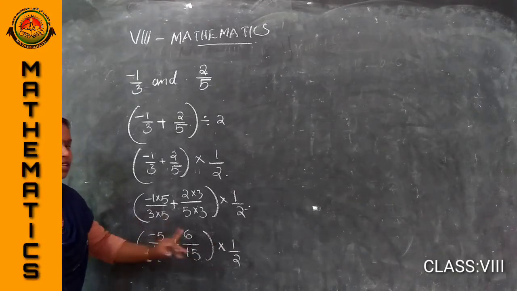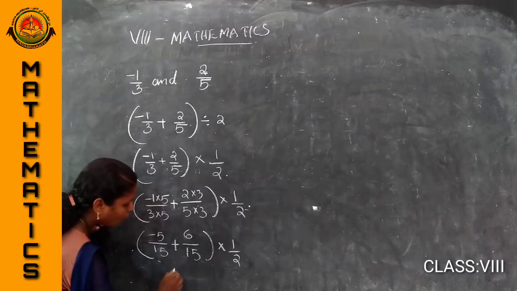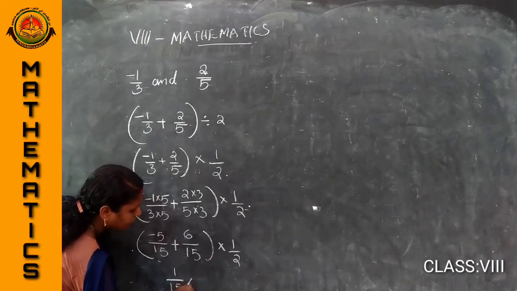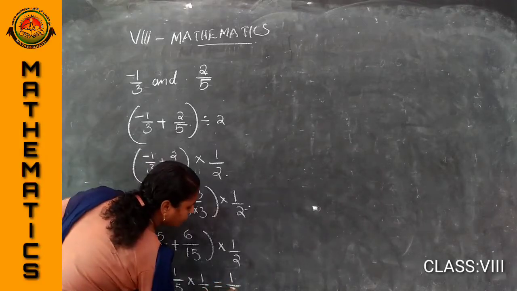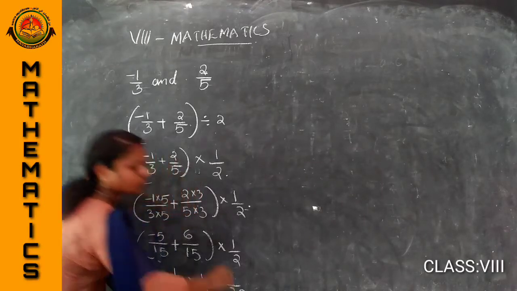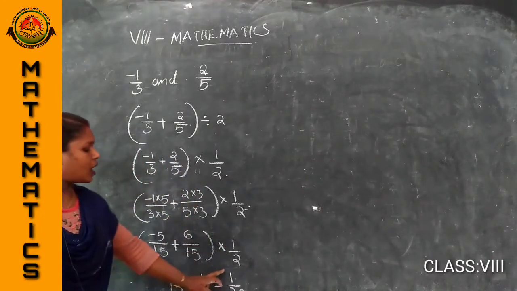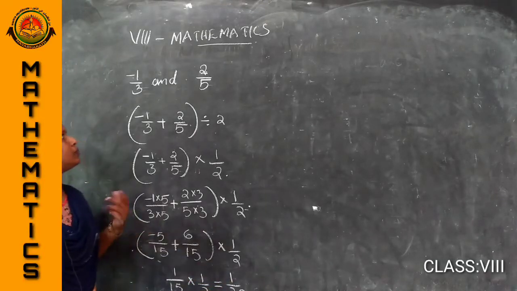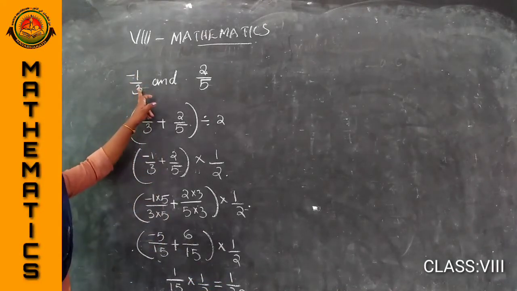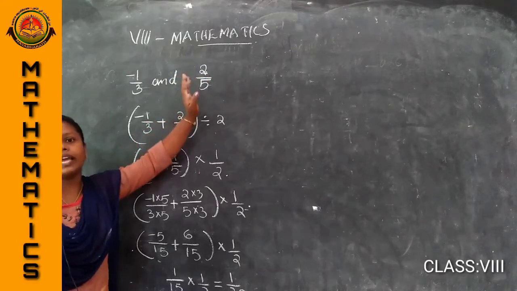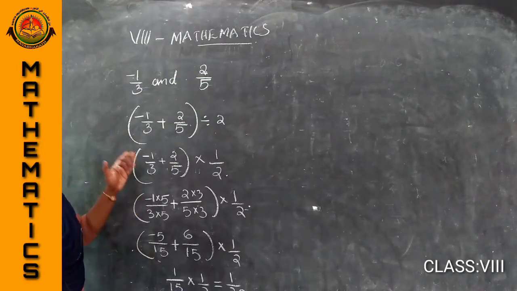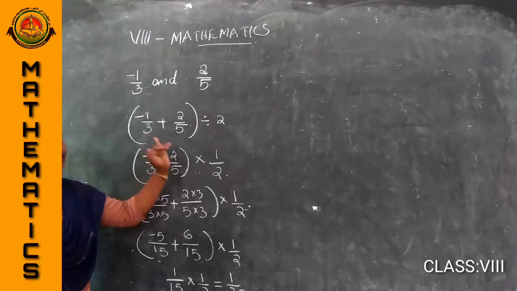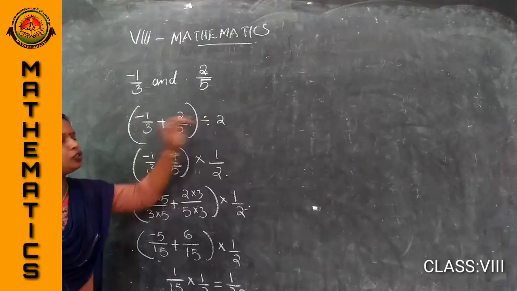Negative 5 plus 6 is 1, so 1 by 15 into 1 by 2, which is 1 by 30. So the rational number 1 by 30 is in between negative 1 by 3 and 2 by 5. I think it is clear. We just need to add the numbers and divide by 2.